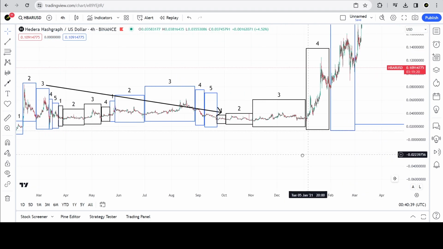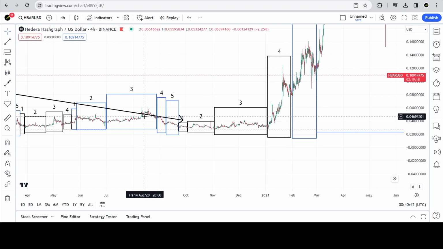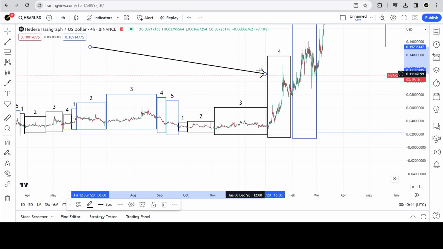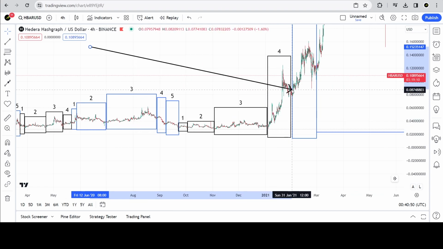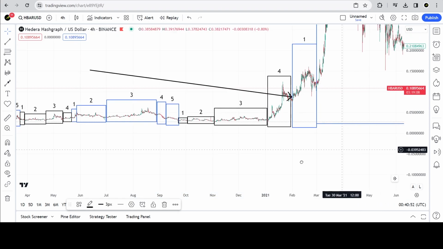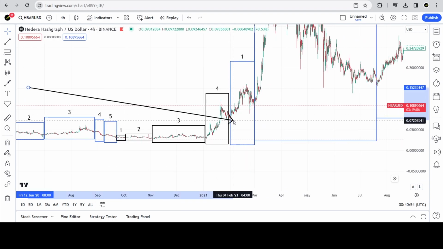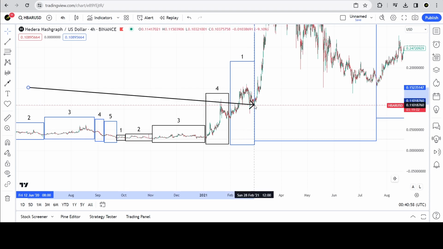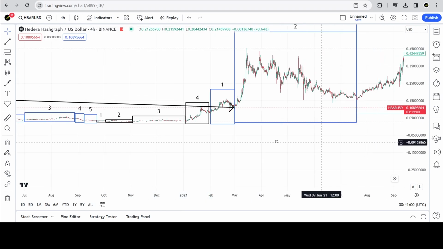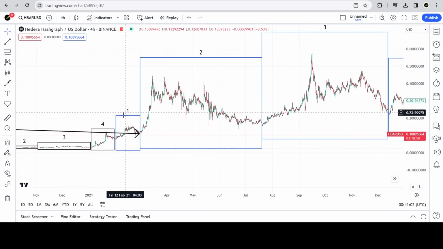Now, it happened again here. This time, it was quite a bit more impressive. So price moves up in the 2 waves in fractal 4 of the sideways range-bound time. And then in the first bull run structure, it moves up and then it pulls back before really going crazy in fractal 2.